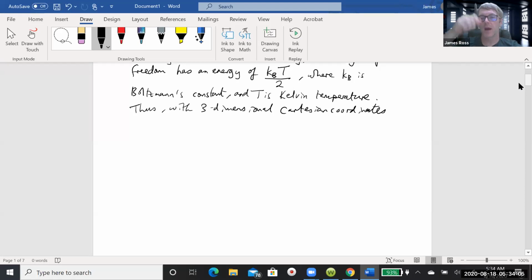I mean up, down, in and out, left and right. So just X, Y, and Z axes. So 3 independent planes. And I've actually got coordinate space in my notes.